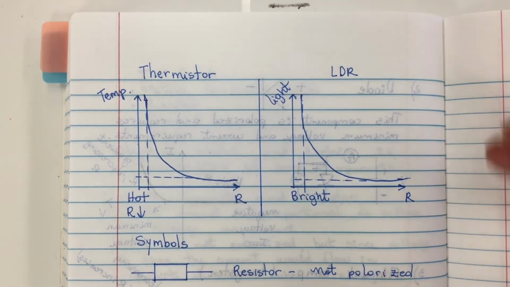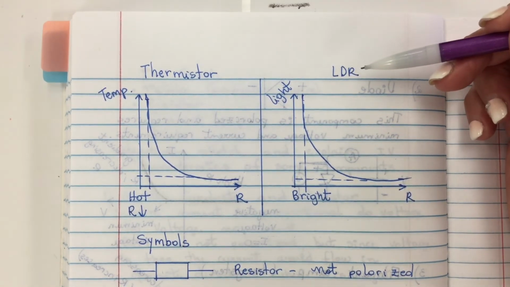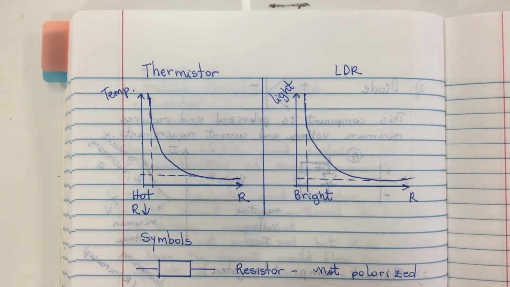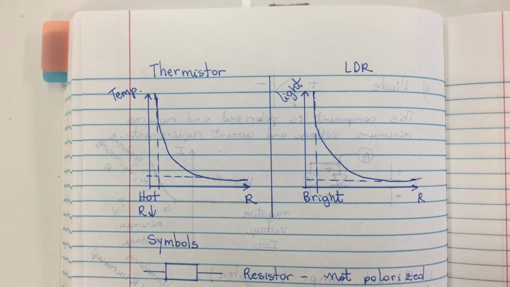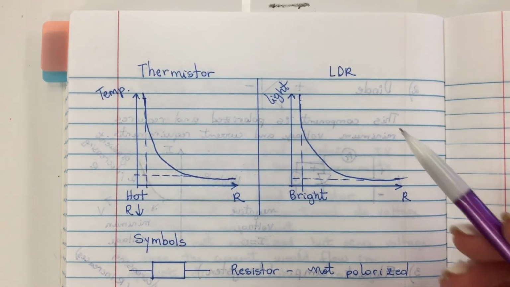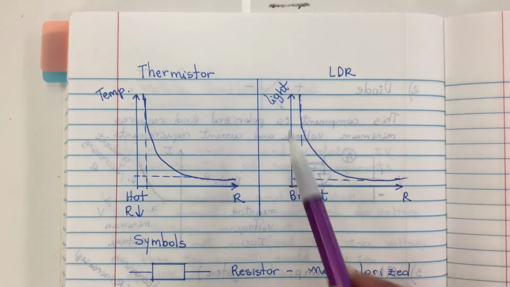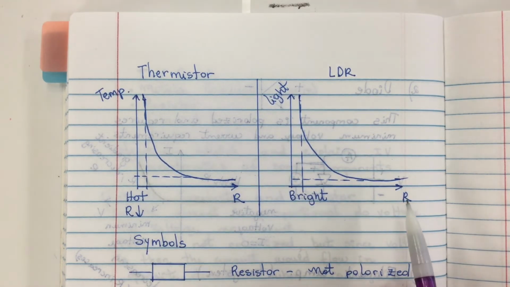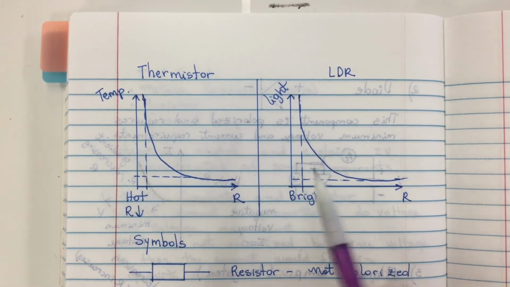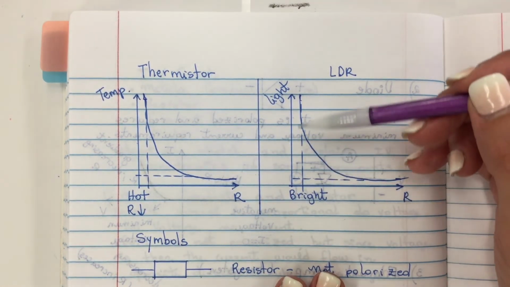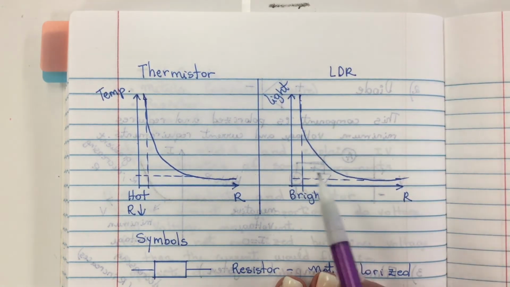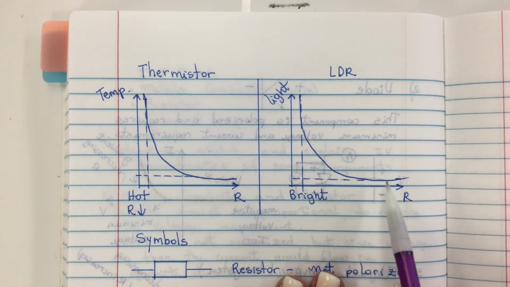Likewise, a light-dependent resistor is a type of resistor whose resistance changes with the amount of light. So here is a graph with the light over the resistance and the same behavior. As the light is brighter, the resistance is lower.